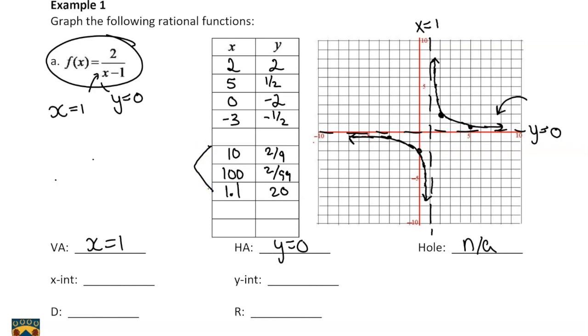Okay, in terms of intercepts, we can look here and say there are no x-intercepts because we have our asymptote right there. So you could say there are none, or you could say not applicable. And then for our y-intercepts, we have a y-intercept at -2 right there. The domain is going to be everything. It's going to go forever to the left, forever to the right, but x can't equal 1.